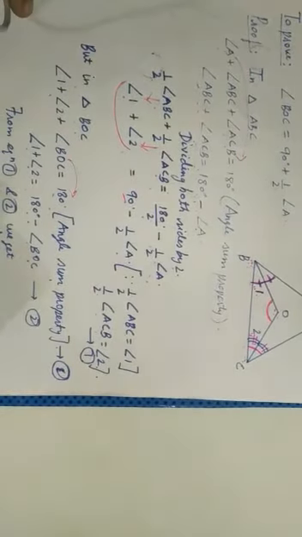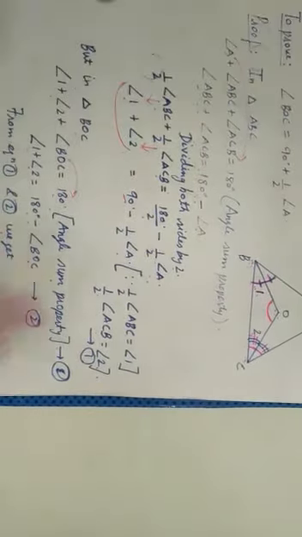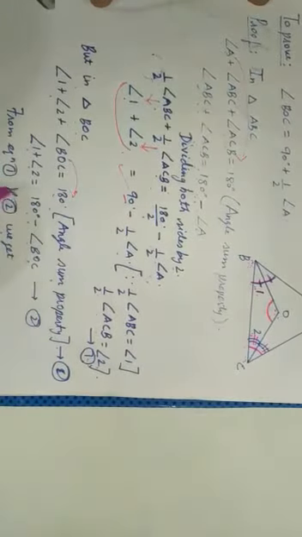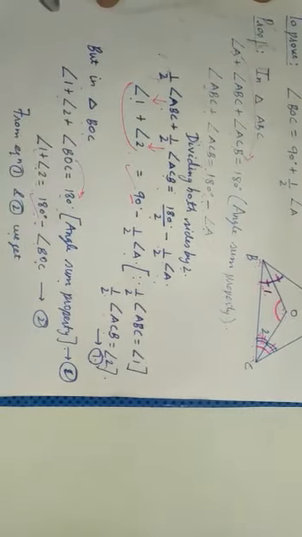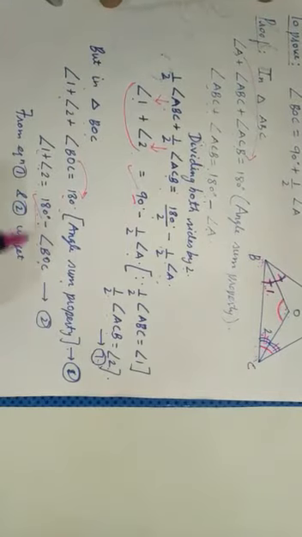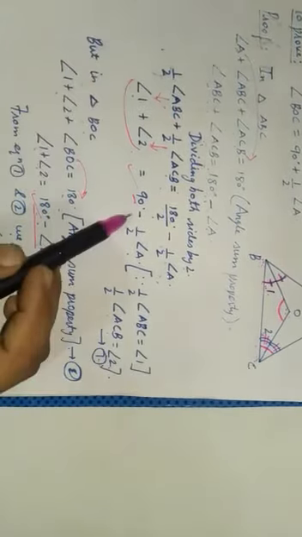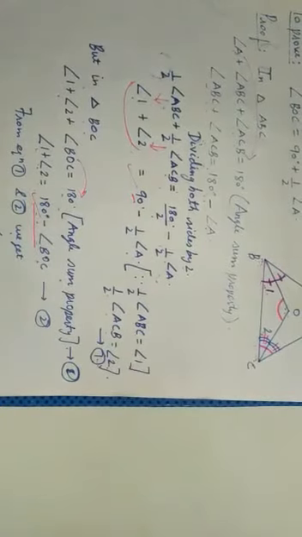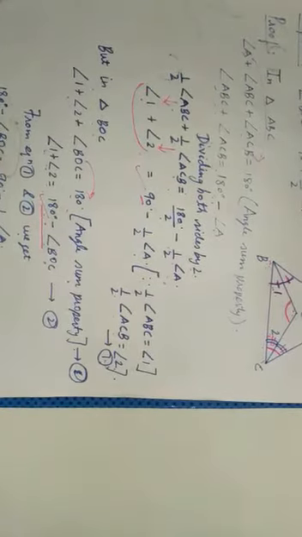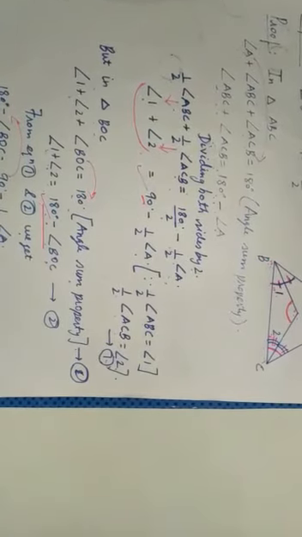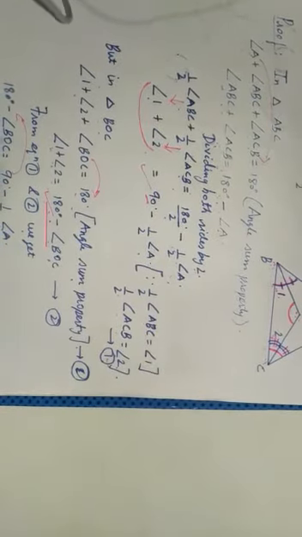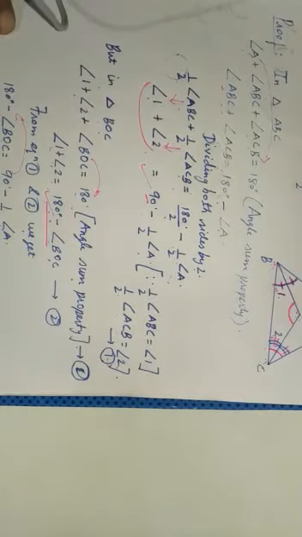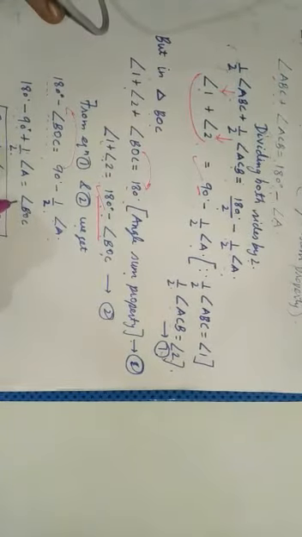Now from equation 1 and 2, this is your equation 1 and this is your equation 2, I will put the value of angle 1 plus 2 in this place and I will get 180 minus angle BOC equals 90 minus half of angle A. Now this 90 I can transfer this side, so I will get 180 minus 90 plus half of angle A. This half of angle A I have transferred to the left-hand side, and this minus BOC is transferred to the right-hand side.